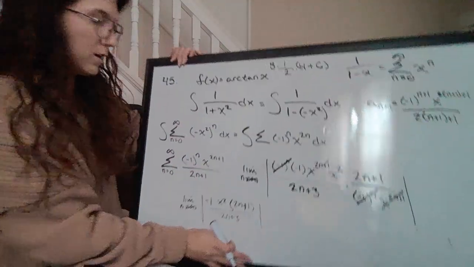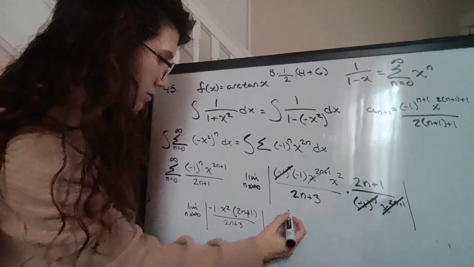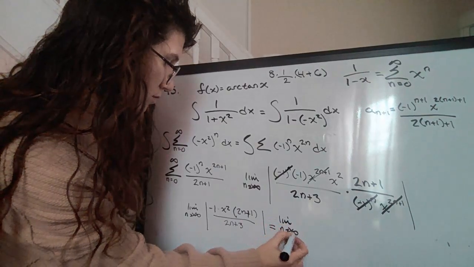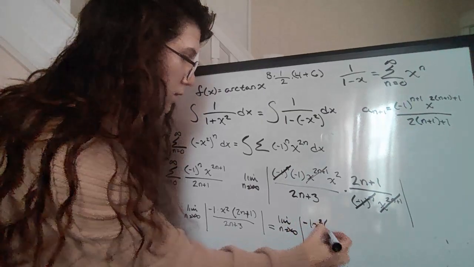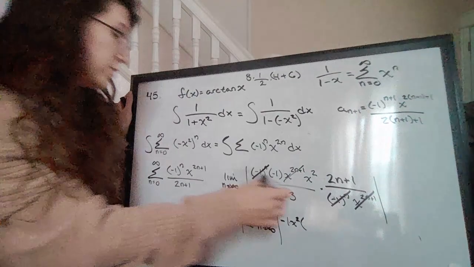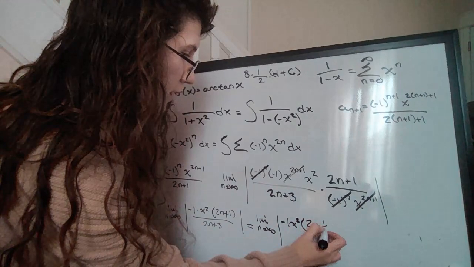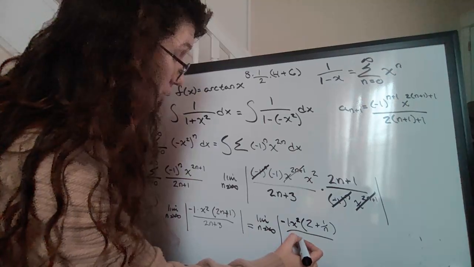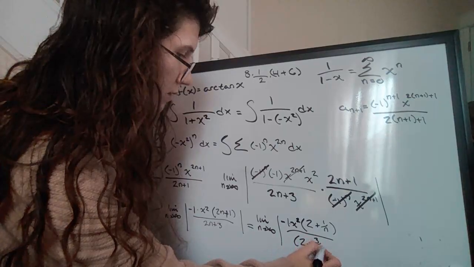My brain isn't really working today. But I just need to do -1 times x squared. The highest power of n is just n, so this is going to be 2n divided by n, or 2 plus 1 divided by n, over 2n divided by n, which is 2, plus 3 divided by n.